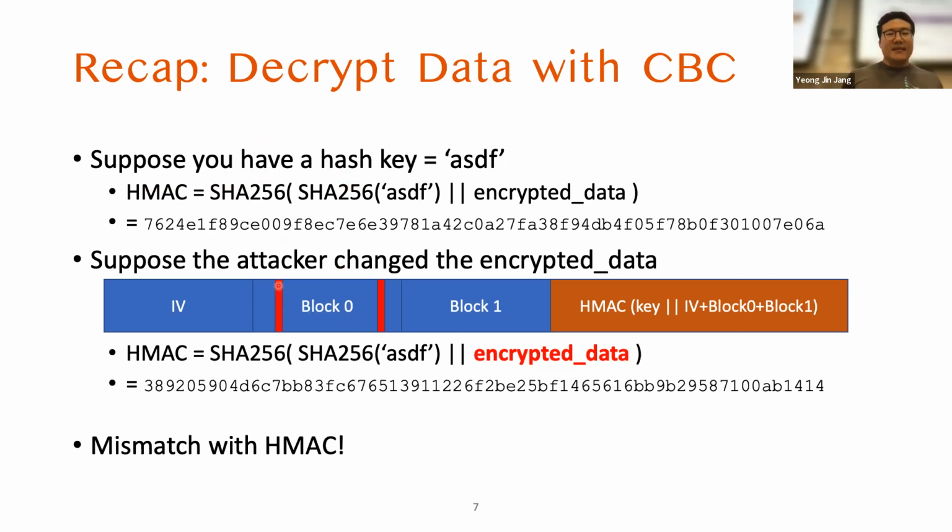Suppose the attacker changes the data, then we will have a completely different message. These SHA-256 sums are generated, for example, by my adding just 2 bits of data. Even if you added 1 bit, you will have totally different output. And then we can detect that the data has been modified by comparing the HMAC with the HMAC that we generated.